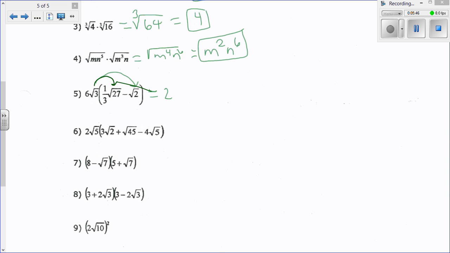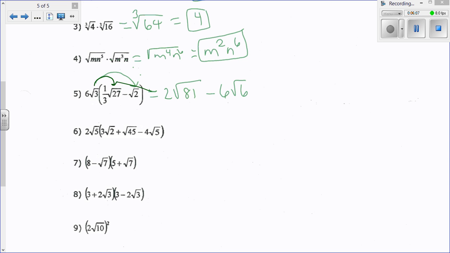And then the 3 times the 27, so multiplying the insides, is 81. And then I'm going to distribute the 6 radical 3 to the -2. So I get minus 6 because I multiply the outside. 6 times 1 is 6. And multiply the inside, so it's radical 6.